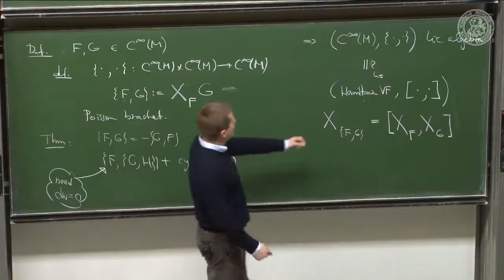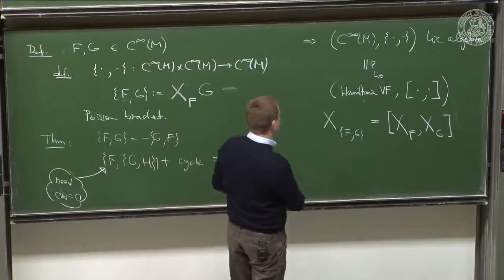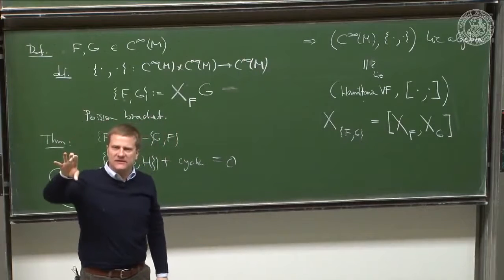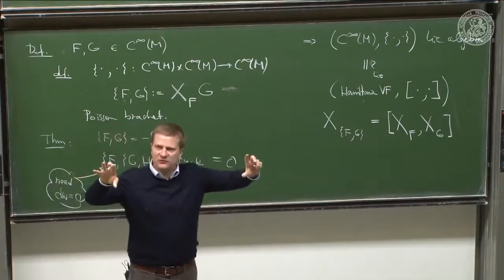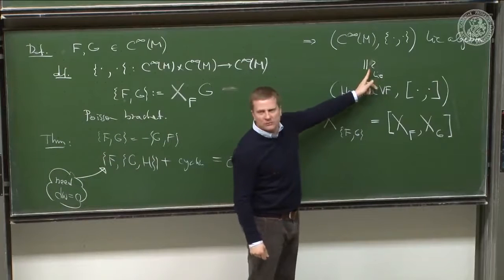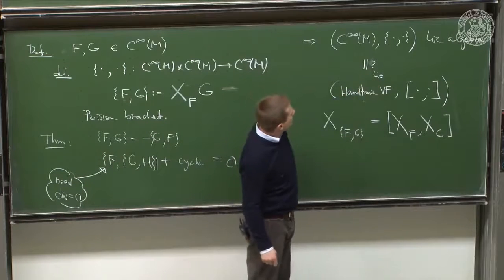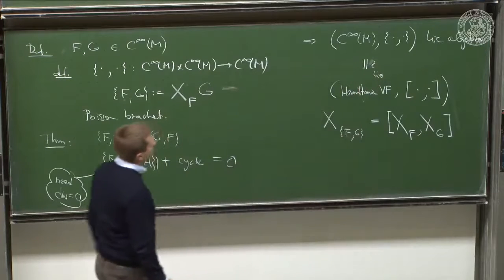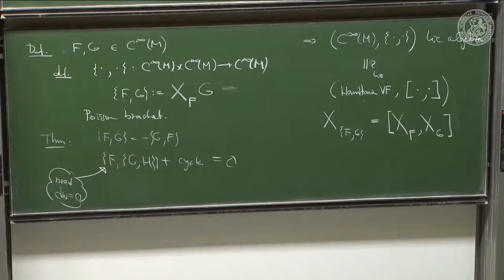So it's the X map that associates with every observable in C infinity of M a vector field that is exactly this Lie algebra isomorphism, right? Yes. Okay, so that's this bit.